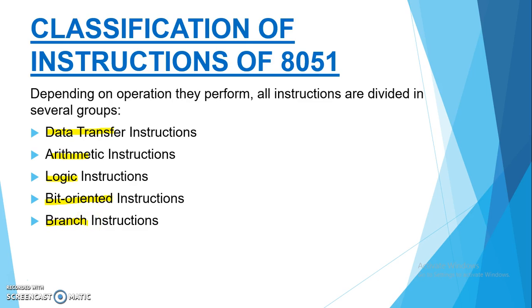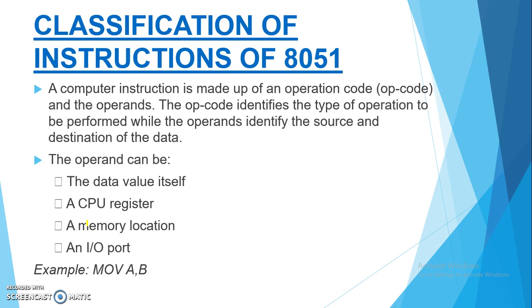Before beginning with all the instruction sets in detail, let us understand what we mean by instruction. In computer terminology, an instruction is nothing but a combination of opcode and operand. So every instruction has 2 important parts: one is the opcode, also known as operational code, and the other is the operand.